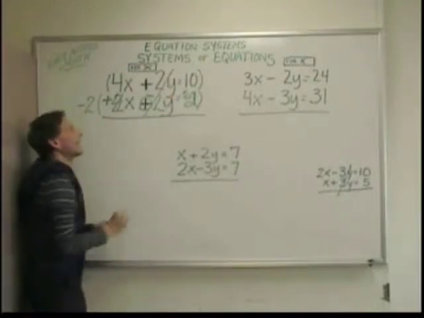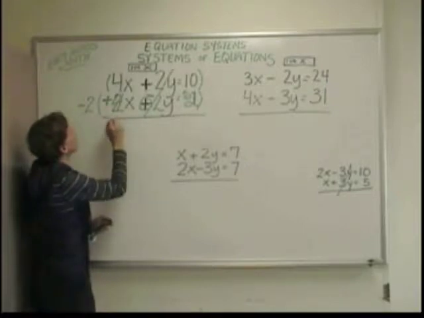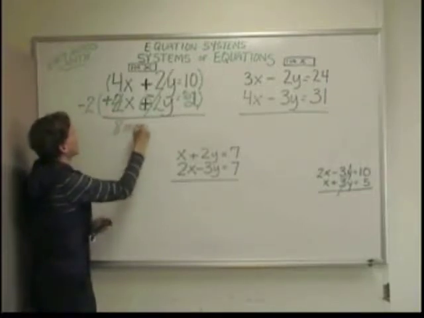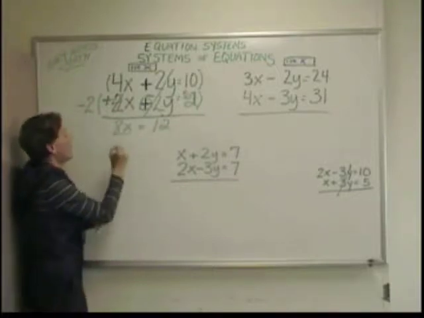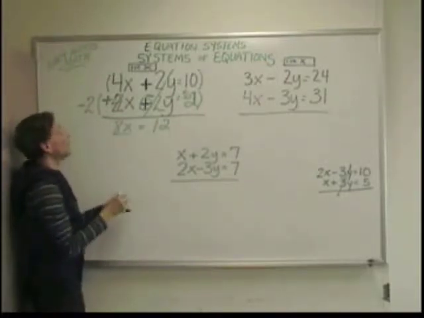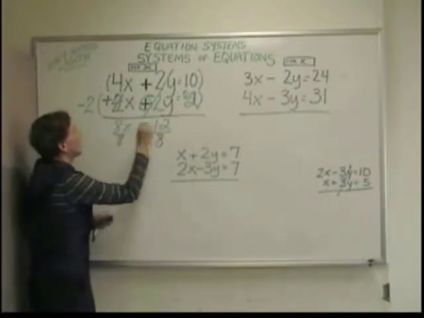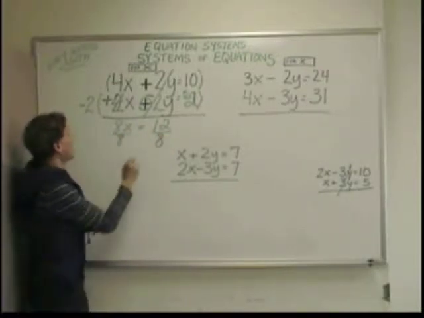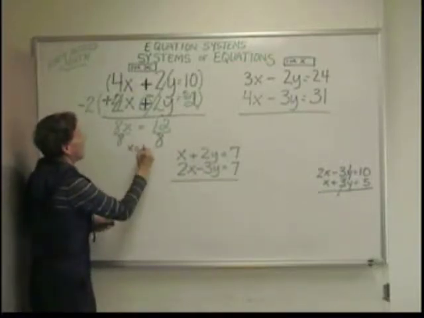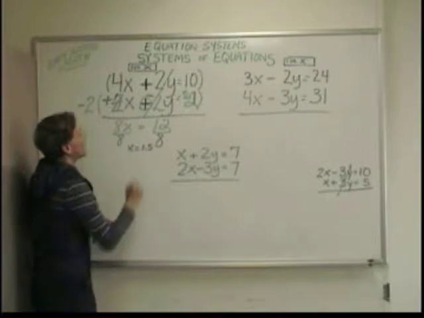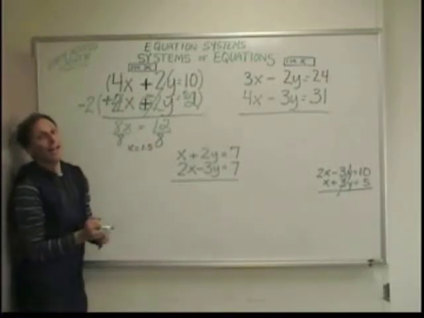Now that I did that -2, it can cancel out, and I'm left with 4 plus 4 is 8x equals 12. Divide both sides by the 8. And I get x equals 12 divided by 8 would be 1.5 or 1 1/2 if you reduce that.